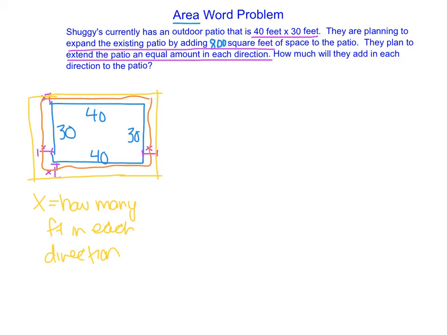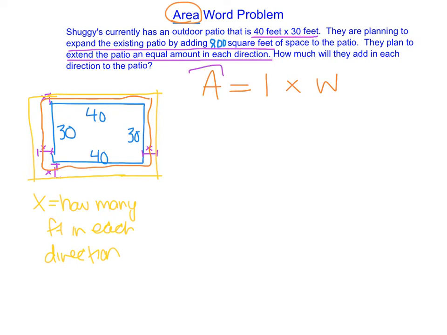So we can see that we're dealing with area because we're going to be updating the area of this patio. So let's start by creating our area equation, because area of a rectangle is simply length times width. And let's fill in what we know about the area total, and then let's fill in what we know about the length and the width.